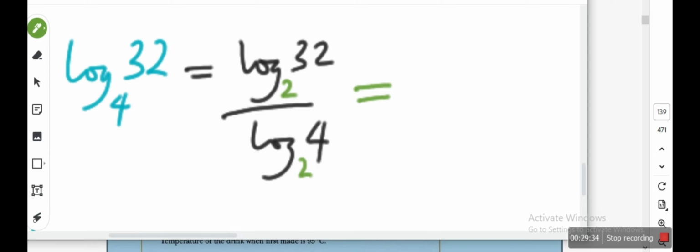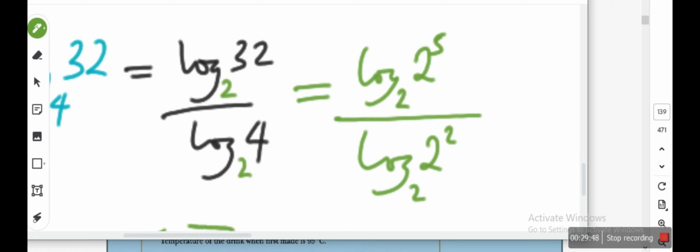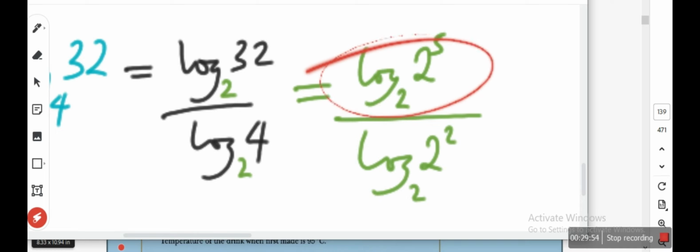So this is simply log of 2 raised to the power 5 in base 2 all over log of 2 raised to the power 2 in base 2. Do you know 32 is 2 raised to the power 5? 2 times 2 times 2 times 2 times 2.